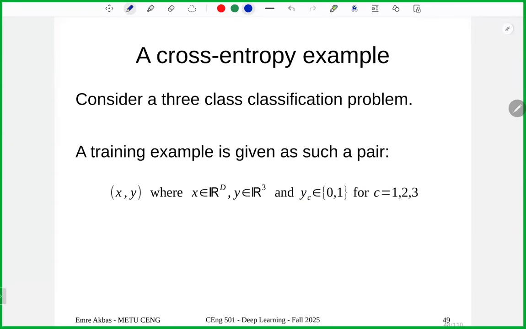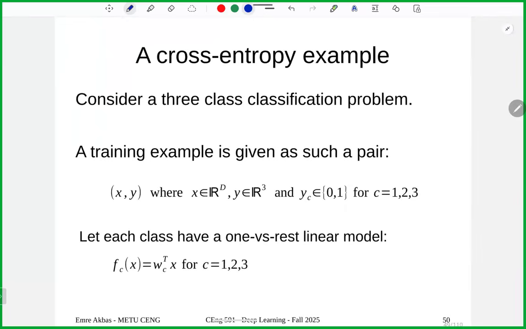Let's consider there are three classes. A training example is given as a pair x, y. X lives in d-dimensional space. Y, of course, has 3 dimensions. And each element of the y vector can be either 0 or 1 because it's a label, and there are 3 entries.